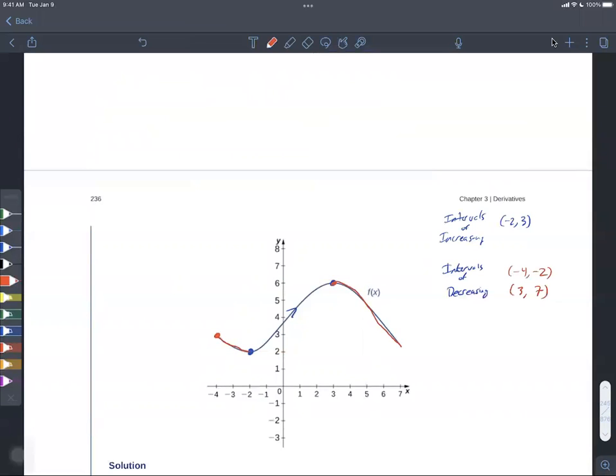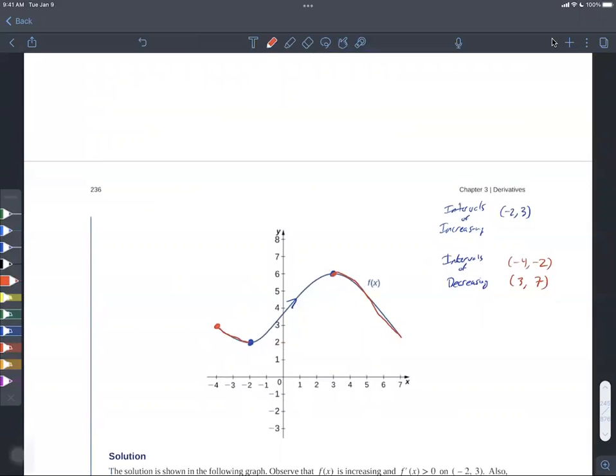Okay, so let's start with the tangent lines actually. Whenever we have horizontal tangent lines, that is where our derivative function is going to have a value of 0 because the slope of that tangent line is 0. So I'll mark those. Okay, so we have 2 points there.